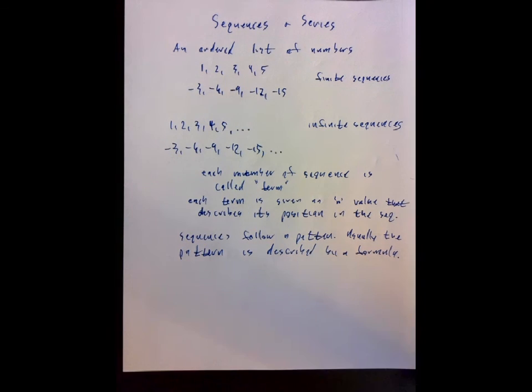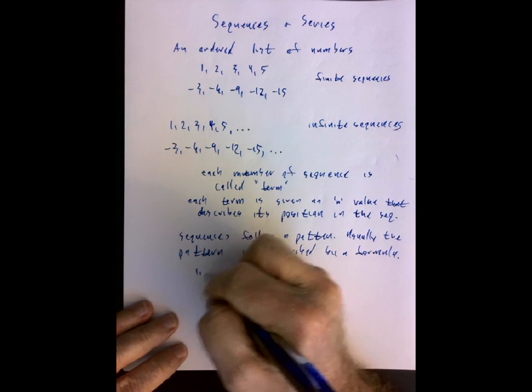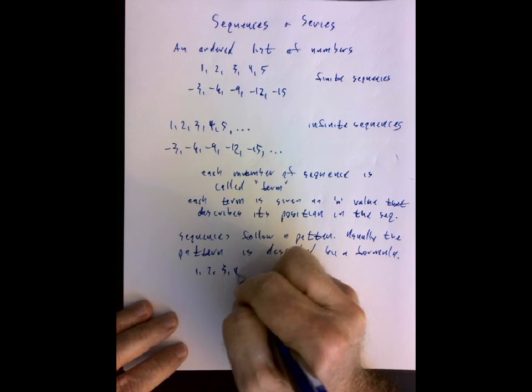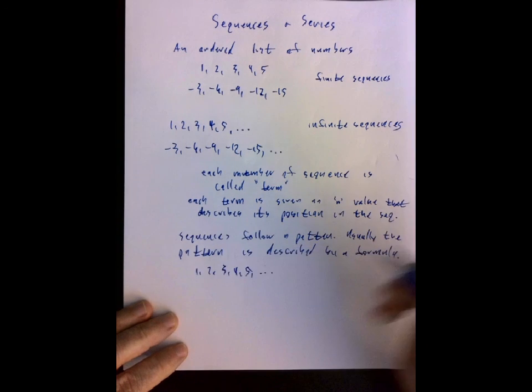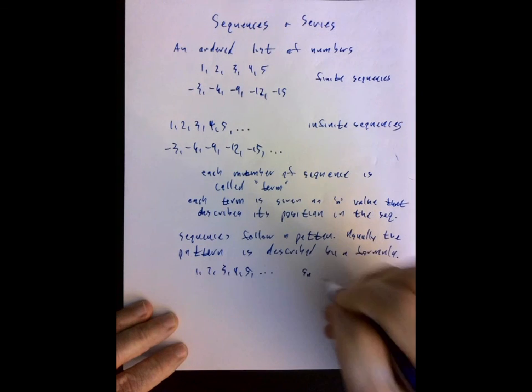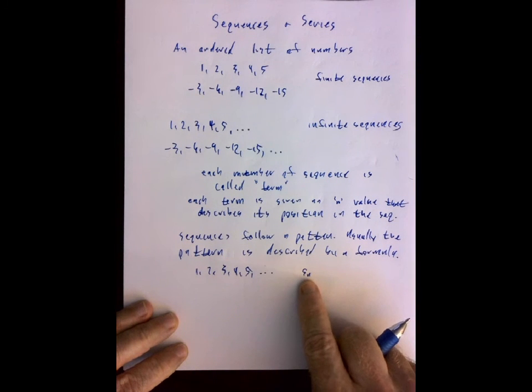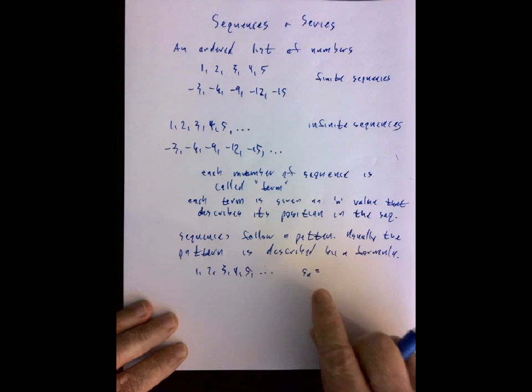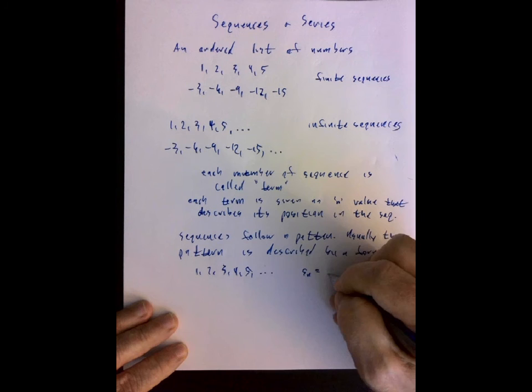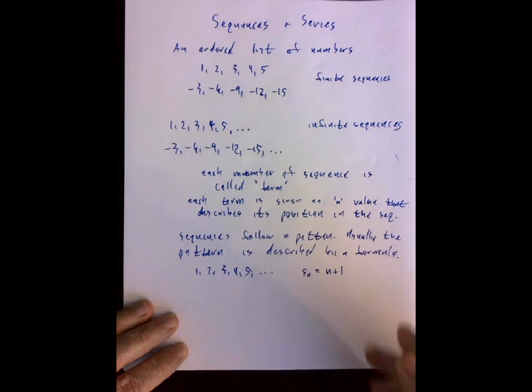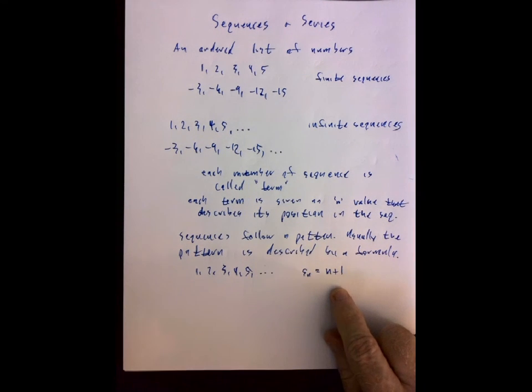So the formula for 1, 2, 3, 4, 5, we would say S of n, that little S sub n with a subscript n, represents the entire sequence, and we would call that n plus 1, right?